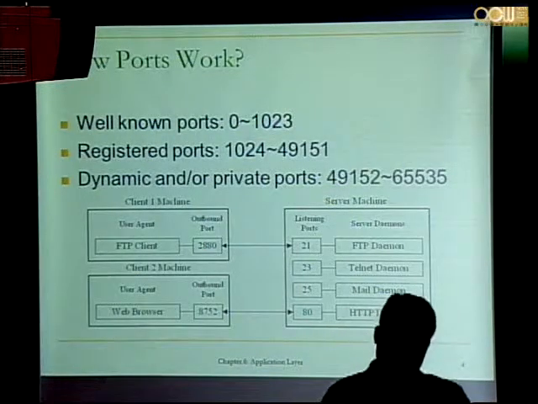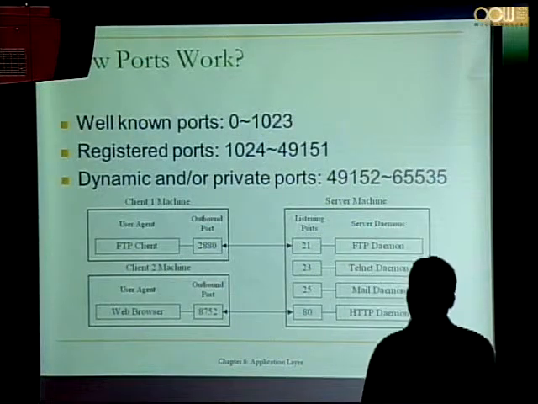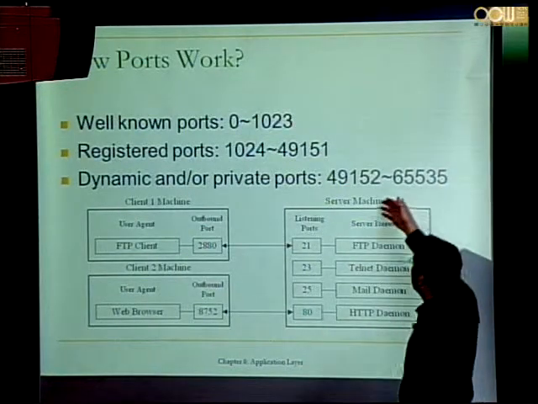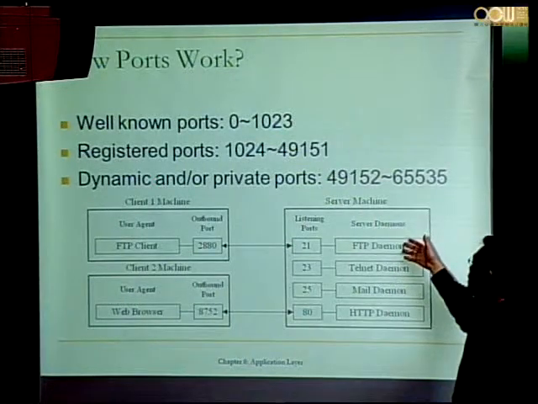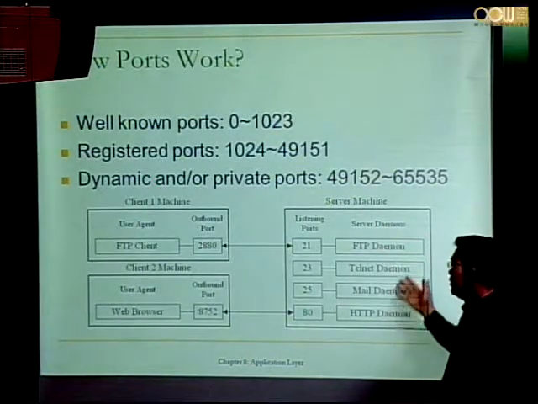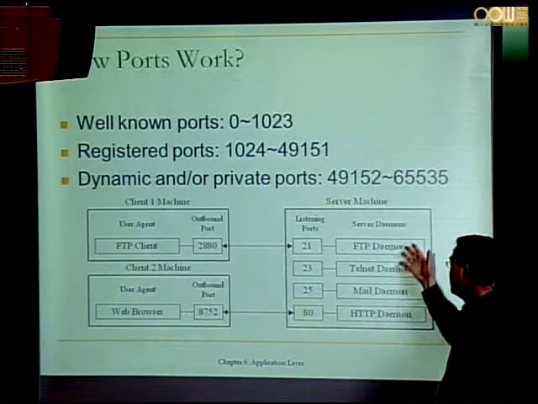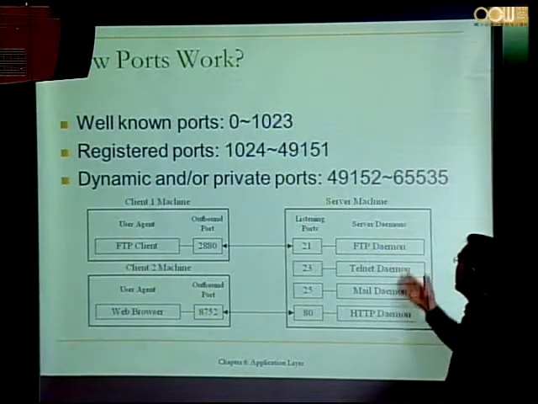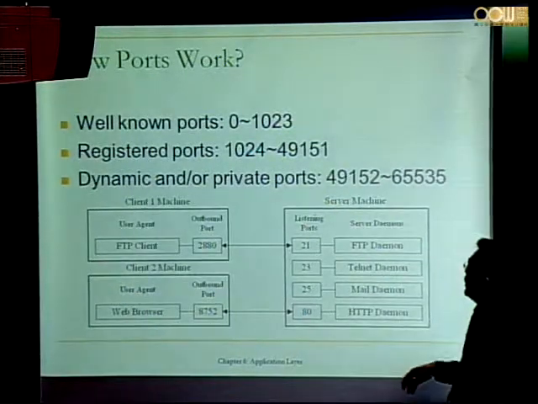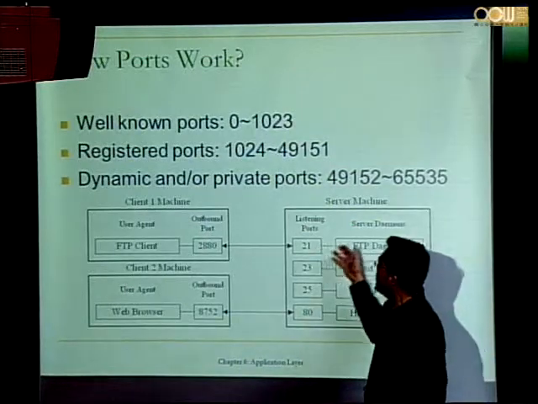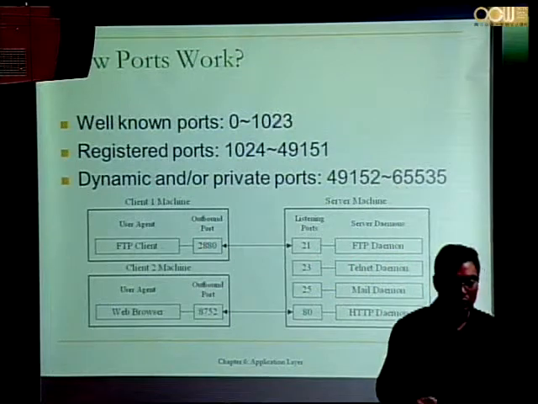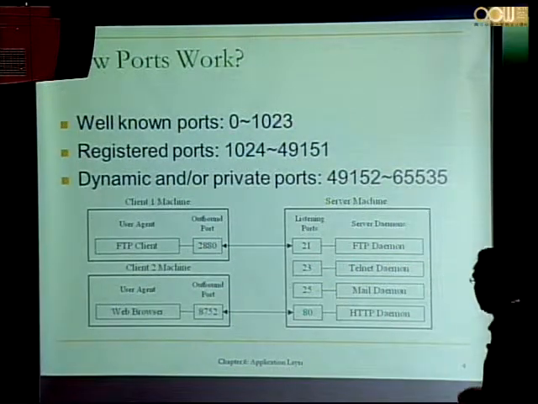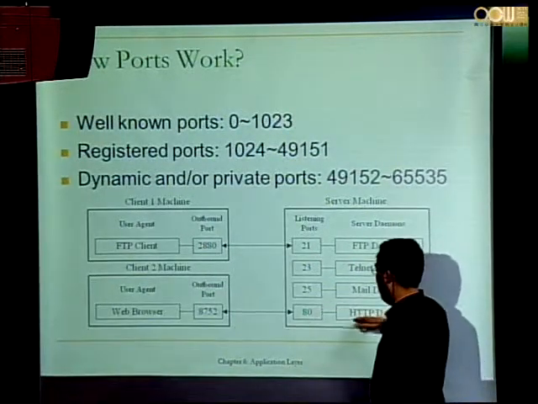So on this figure, you will see on this machine, there are 4 servers running as daemon processes. So you have 4 daemons, and each of them binds itself onto a particular well-known server port number.